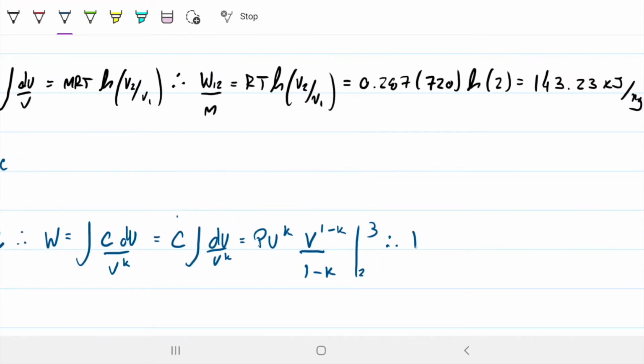So my work from 2 to 3 will be P3V3 to the K minus P2V2 to the K, divided by 1 minus K.